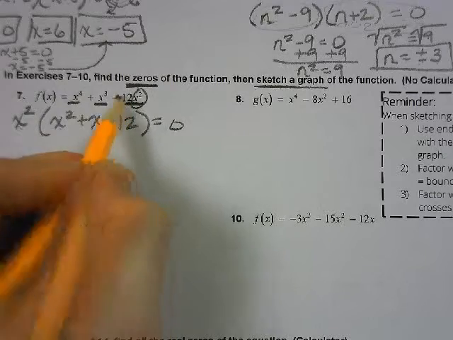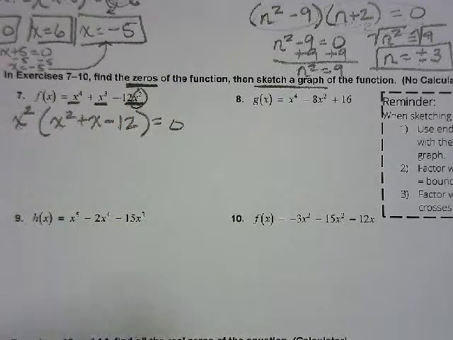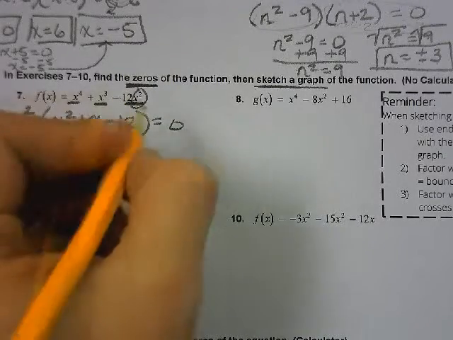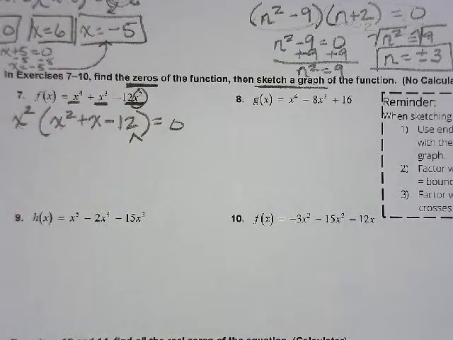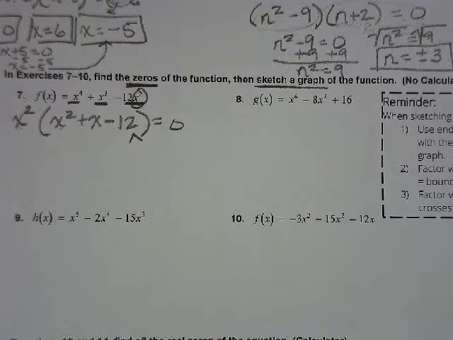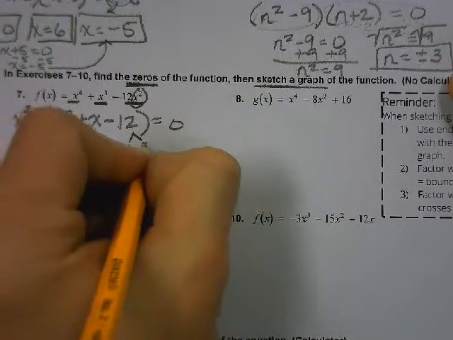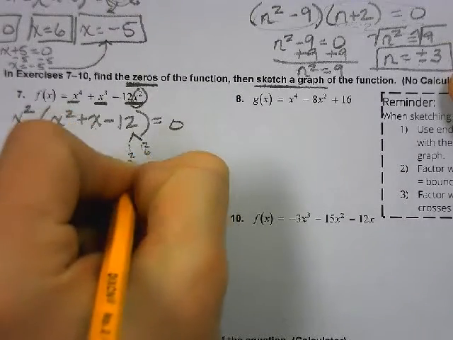Let's see if we can factor this 12. This 12 can factor into 1 and 12, 2 and 6, and 4 and 3. We're trying to get our factors to add up to a positive 1. I can't make it with 1 and 12.